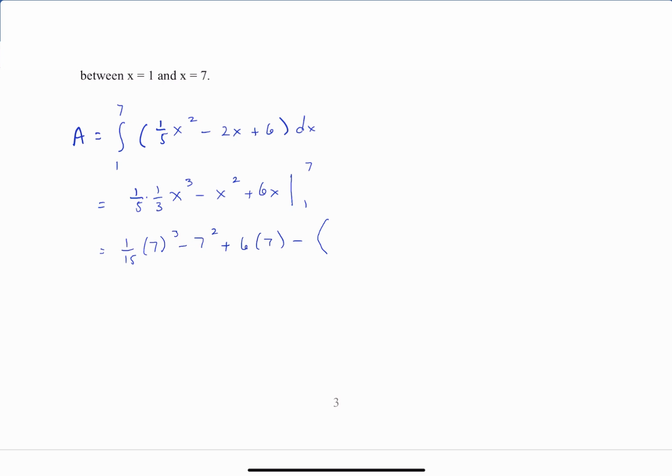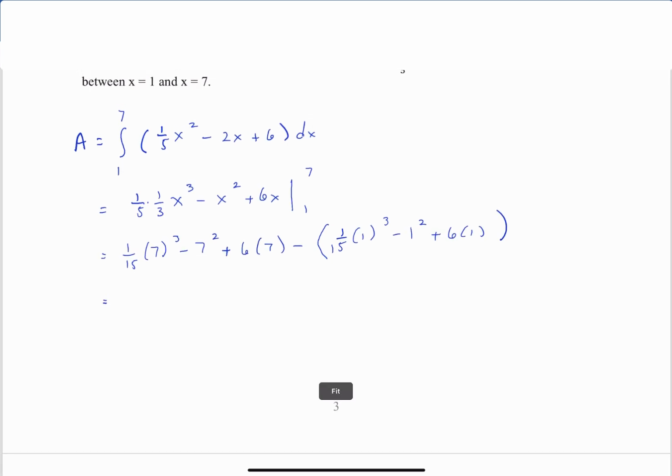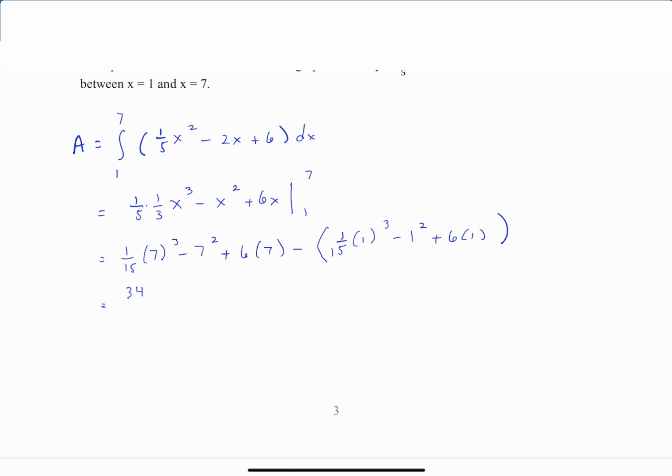So minus 1/15 times 1 cubed minus 1 squared plus 6 times 1. So I'm going to have 343 over 15 minus 49 plus 42, minus 1/15 plus 5.